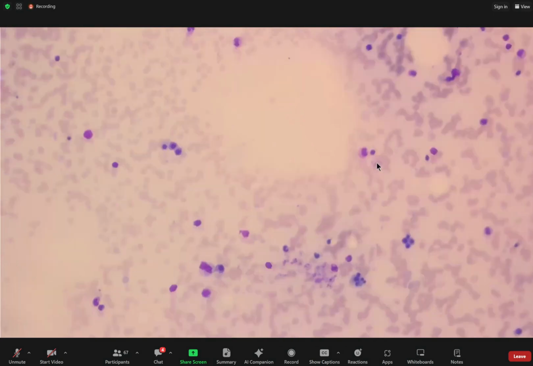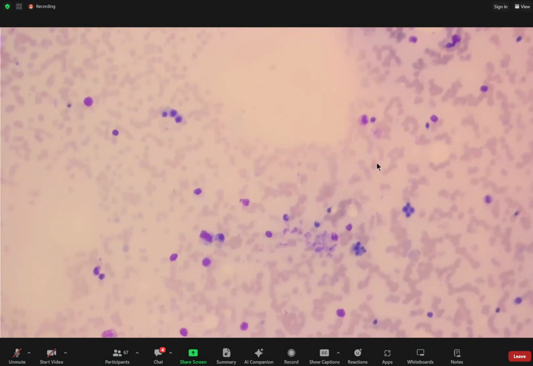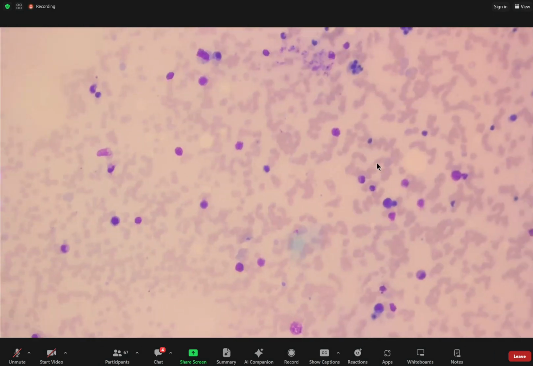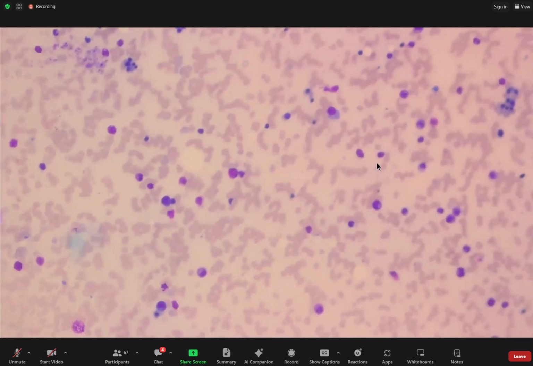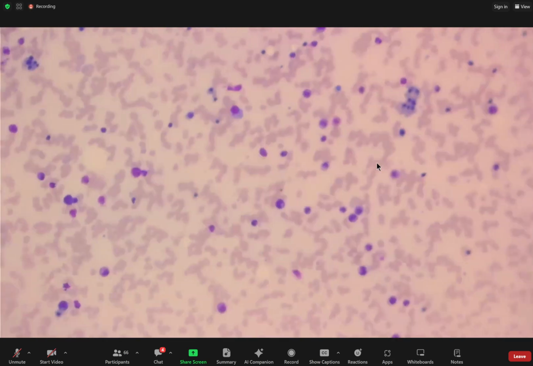Okay. So I put it under a bit lower power so everyone can see. Yeah, basically there's a lot of granulocytes and nucleated RBC, few of these plasma cells.